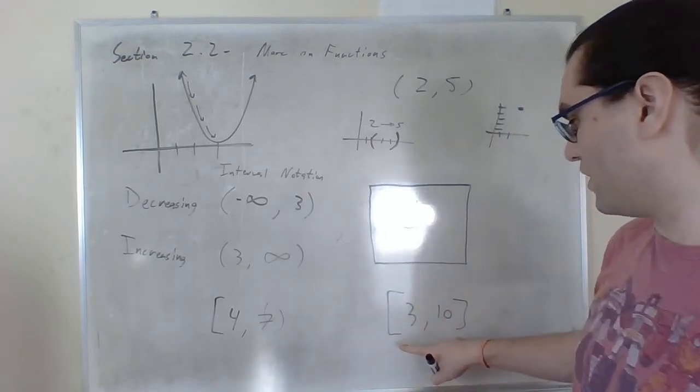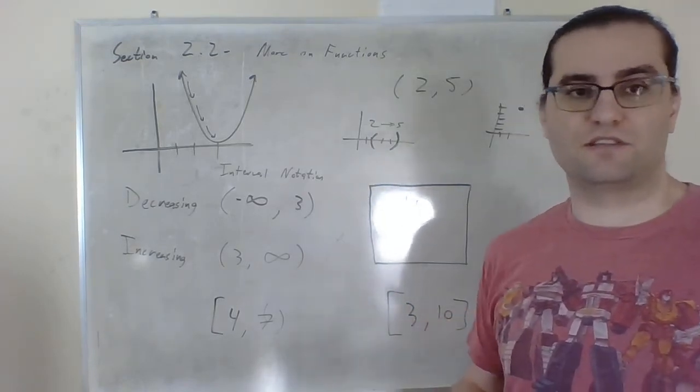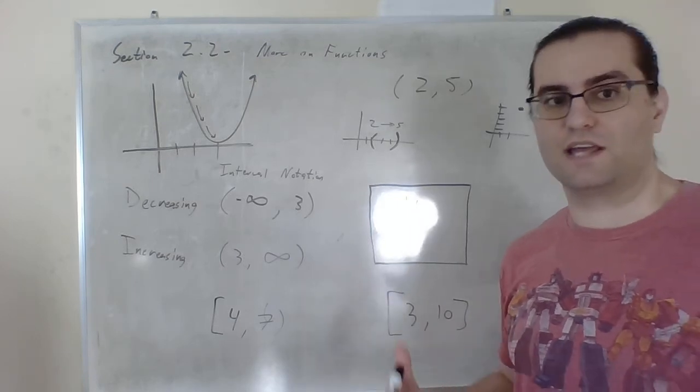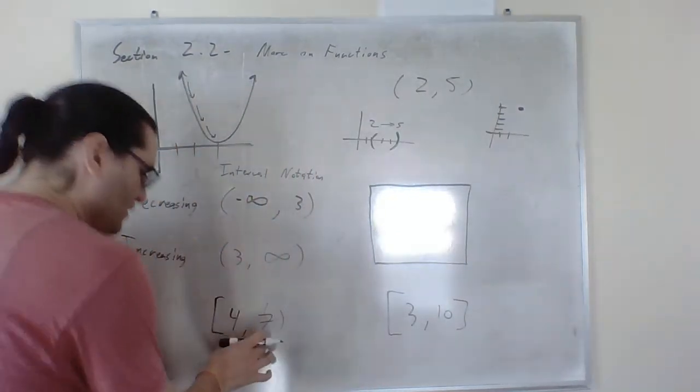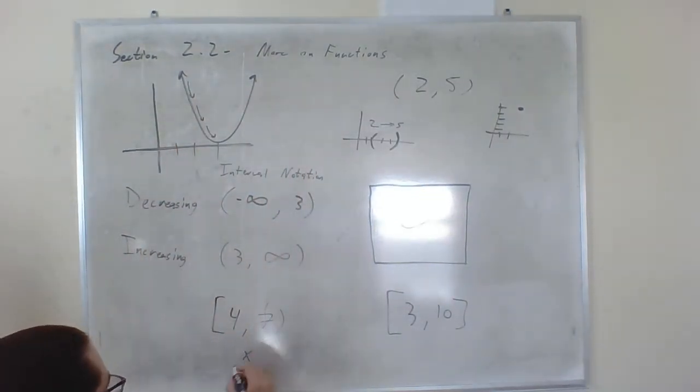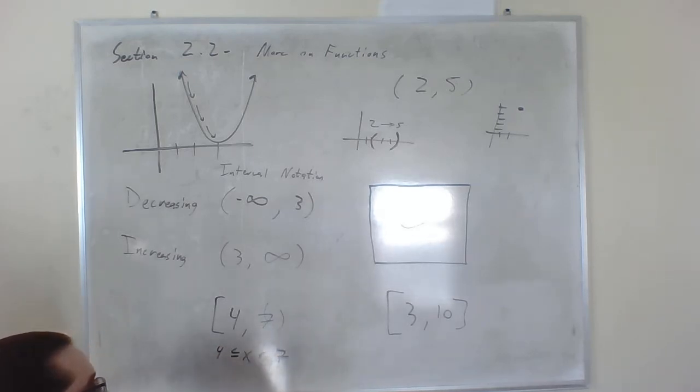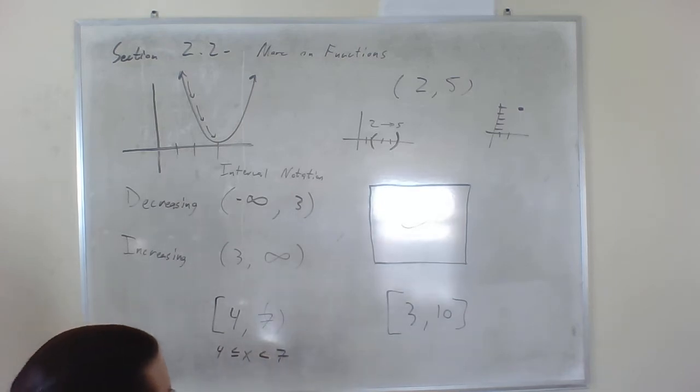The difference between hard brackets and parentheses is the difference between inequalities and strict inequalities. So this interval here, 4, 7, means that x is greater than or equal to 4, but strictly less than 7. The hard bracket is less than or equal to. The parentheses is strictly less than.